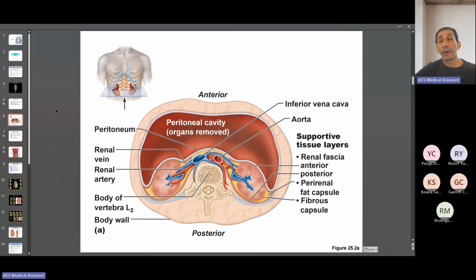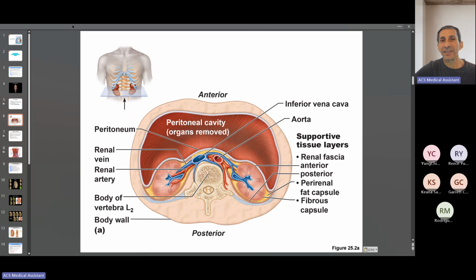So this is the part that I was talking about. Remember, this is a transverse section of the abdominal area. So here we can see from the top of the body. If we cut horizontally, transversely, remember we talked about these planes. This is the transverse plane.